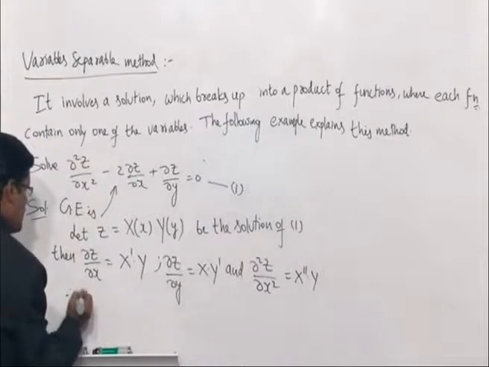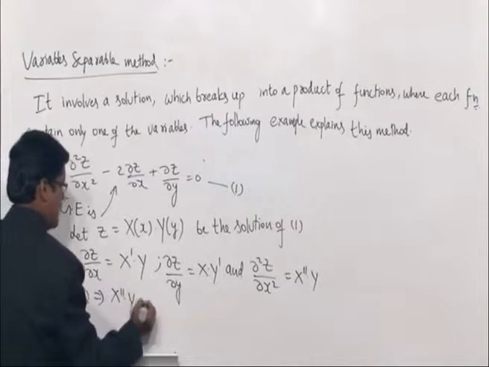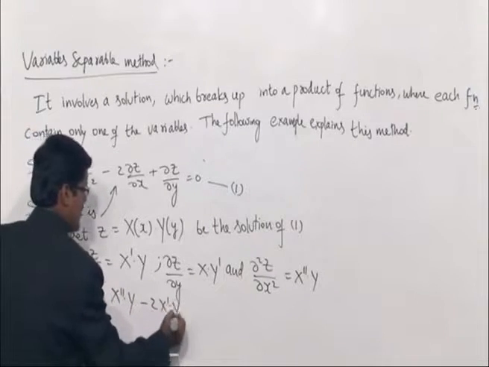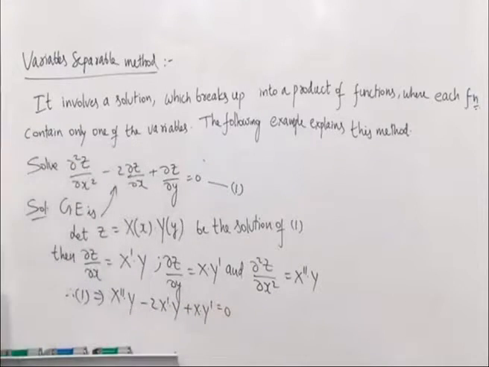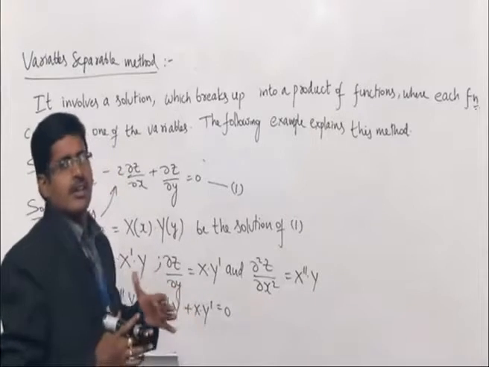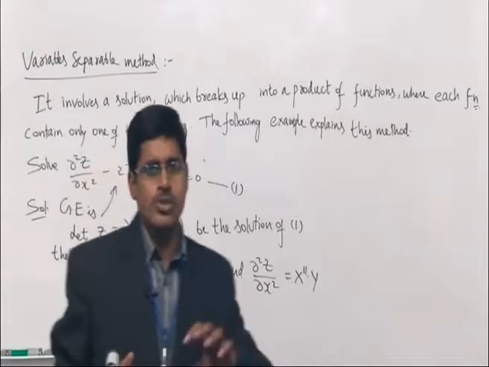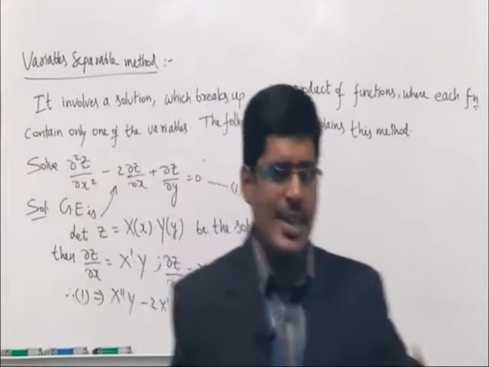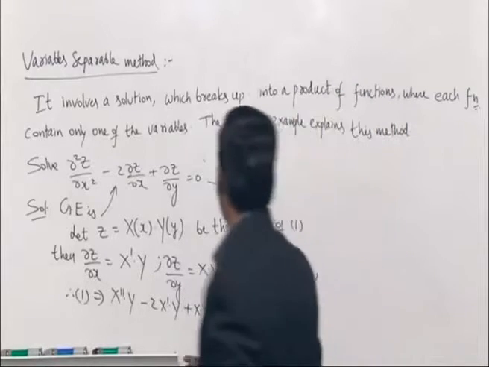So 1 implies X double dash into Y minus 2 times X dash into Y plus X into Y dash is equal to 0. Now express this equation in the form of two simultaneous equations, that is, in the form LHS equal to RHS, where the LHS contains the x differential terms and the RHS contains the y differential terms.